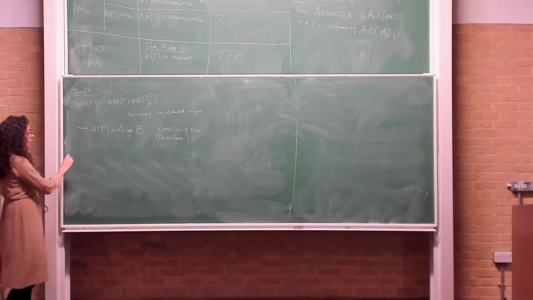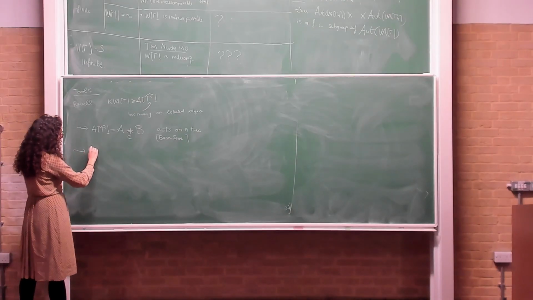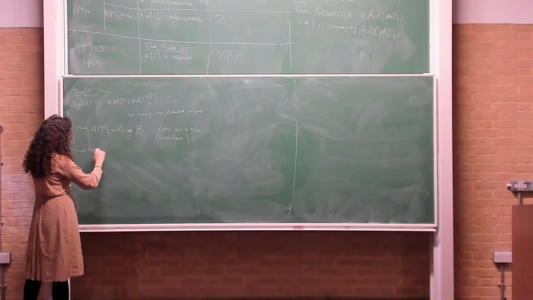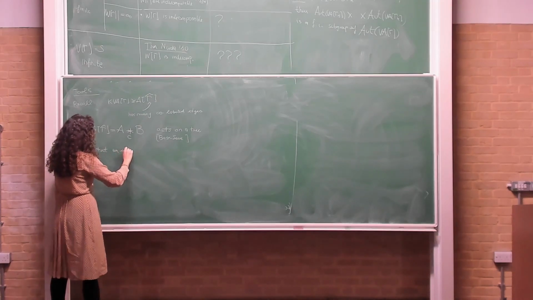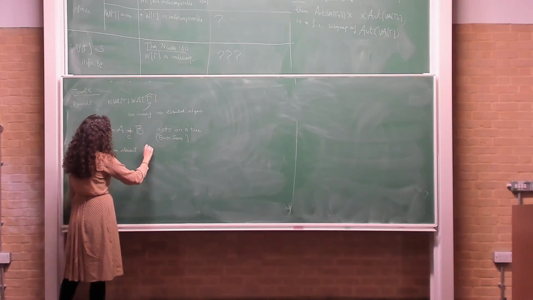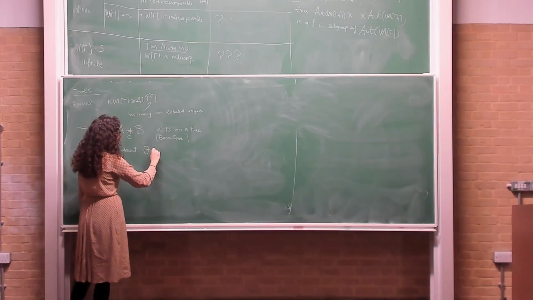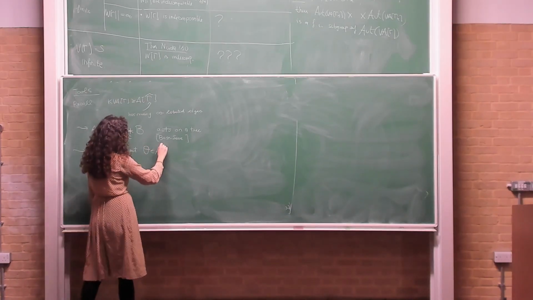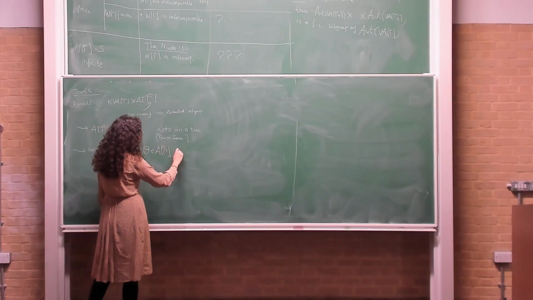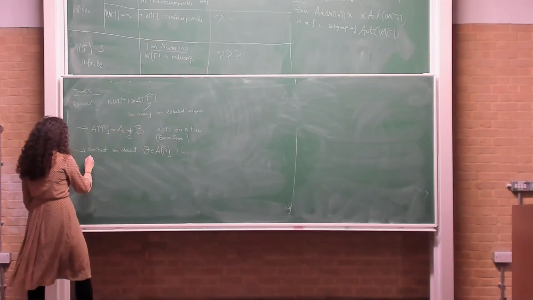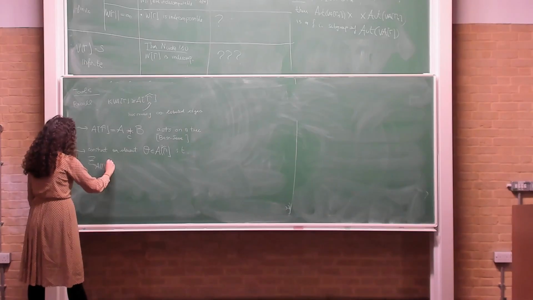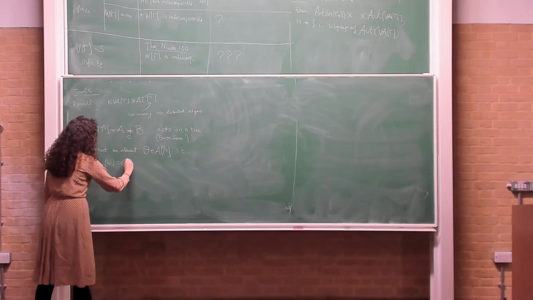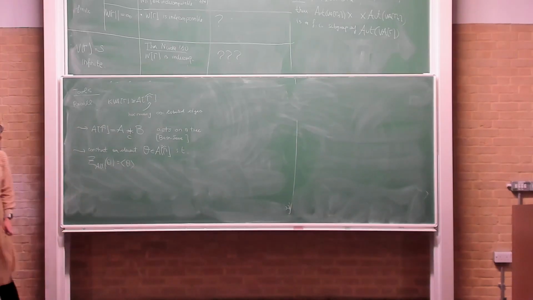And by this action on a tree, we are able to construct an element that I call theta in this Artin group, in this amalgamated product, such that the centralizer of this element in the Artin group is the infinite cyclic group generated by itself.